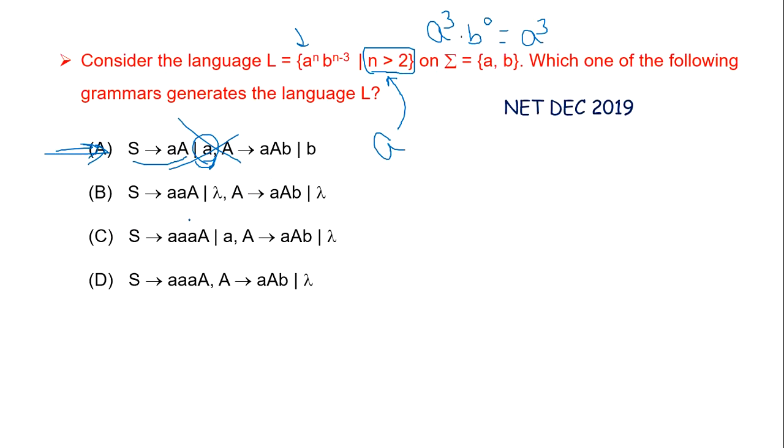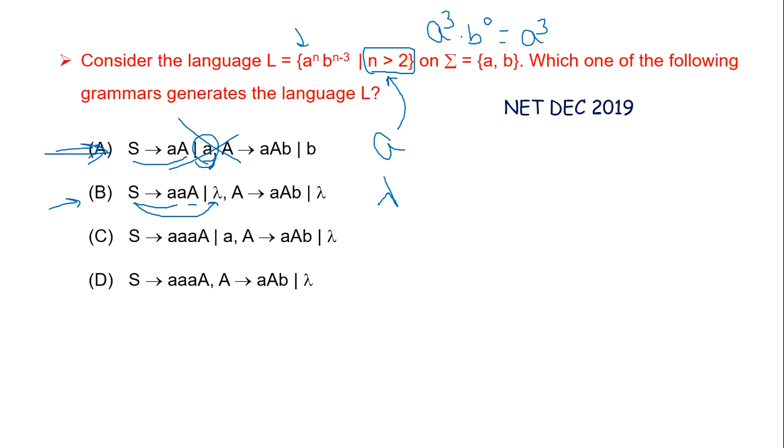Let us see what is our second option. The second option says S gives small a, then capital A. Second, S gives lambda. Lambda means empty string. So the smallest string from this grammar will be the empty string, that is lambda.